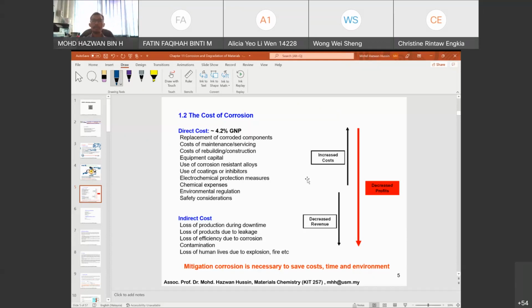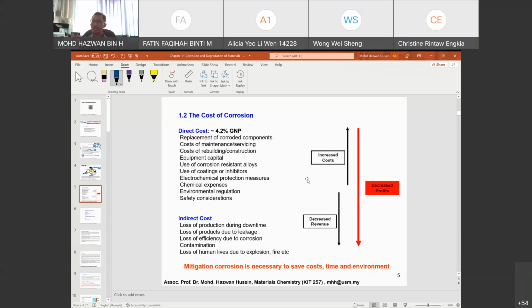So you can see this is actually a known fact. The cost of corrosion for every country is estimated at almost 5% of GNP or GDP. GNP is gross national product, and GDP is gross domestic product. So from the total income of a country, around 5% of expenditure will be used for the replacement of corroded material.